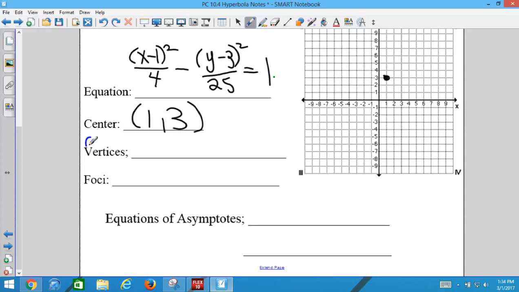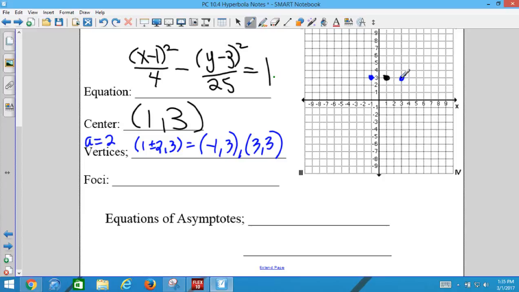A is what? 2. And since it is underneath the X, I'm changing the X. I'm going to do 1 plus or minus 2 comma 3. Negative 1, 3 and 3, 3. Question?